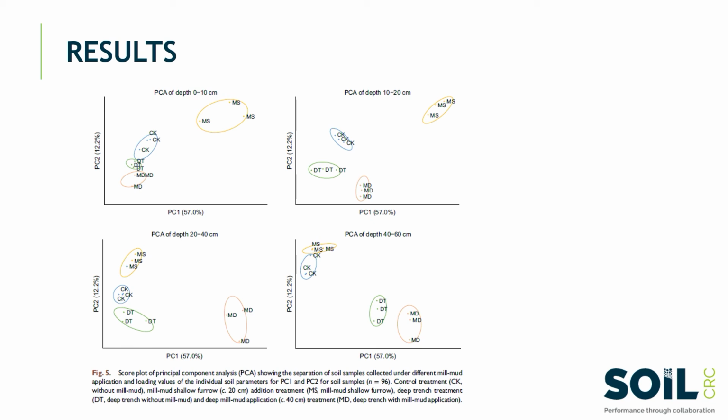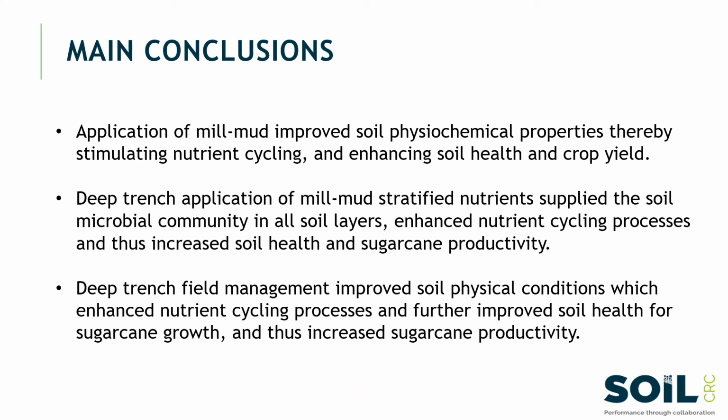from the others. So there are some conclusions I can make based on our experiment. The first one is that application of mill mud improved the soil condition by stimulating nutrient cycling, and also enhanced the soil health and crop yield.